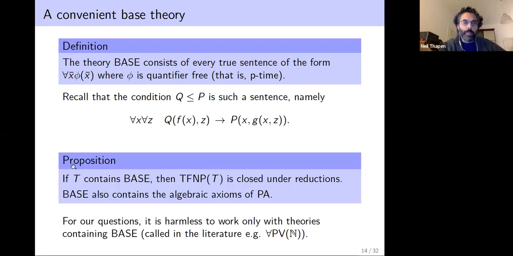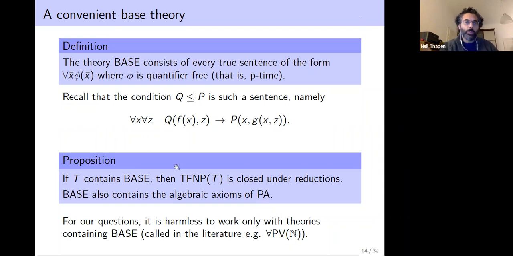So we get from that the first line of the proposition: if we have a theory containing this, then the class of TFNP problems is closed under reductions. And this is something that any natural class of TFNP problems should have. So this avoids some problems. Also, these algebraic axioms about commutativity and ordering are contained in this theory, since they're universal.